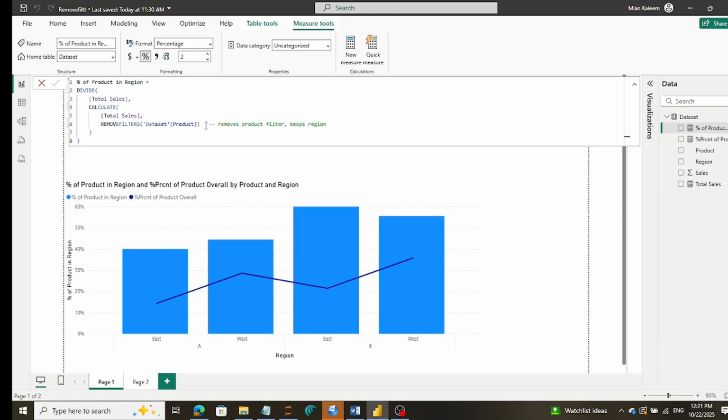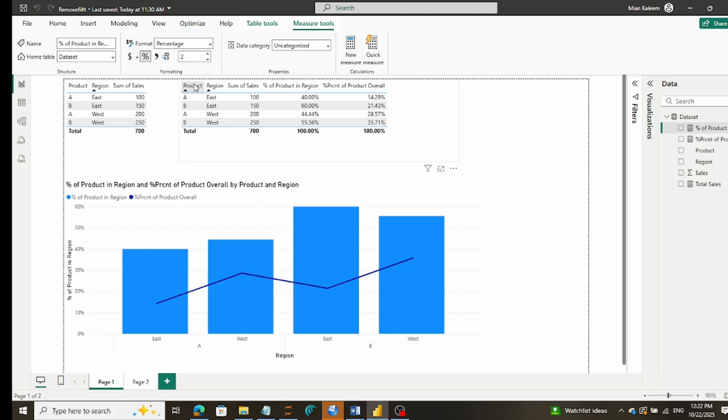When the product is removed, the next level is region, so it automatically divides by the total of the region. We have the East region and the West region, so it divides by the East region's overall total.